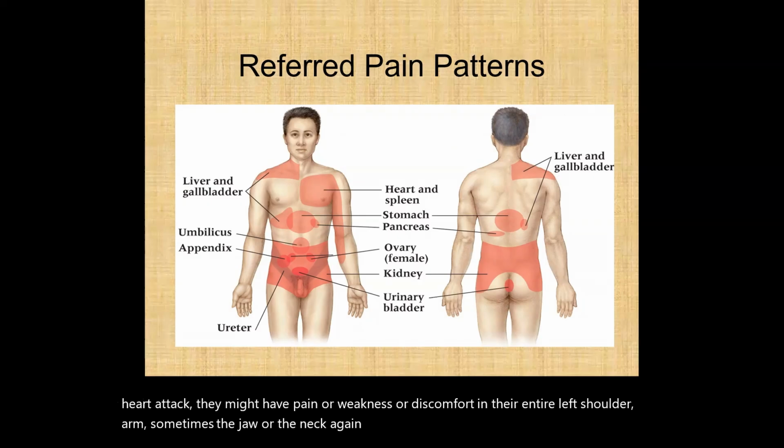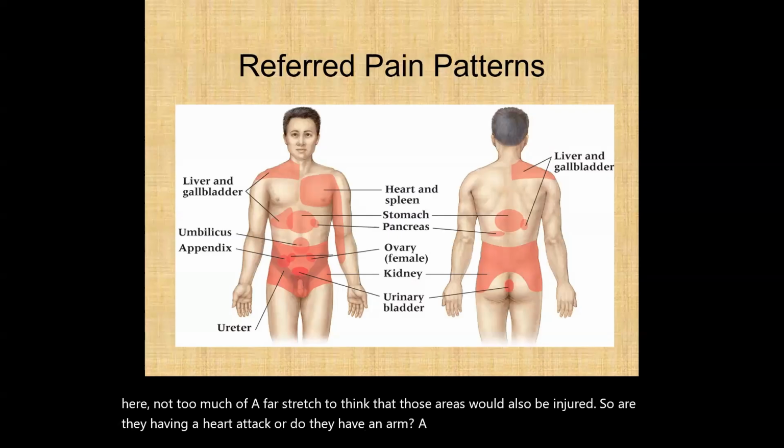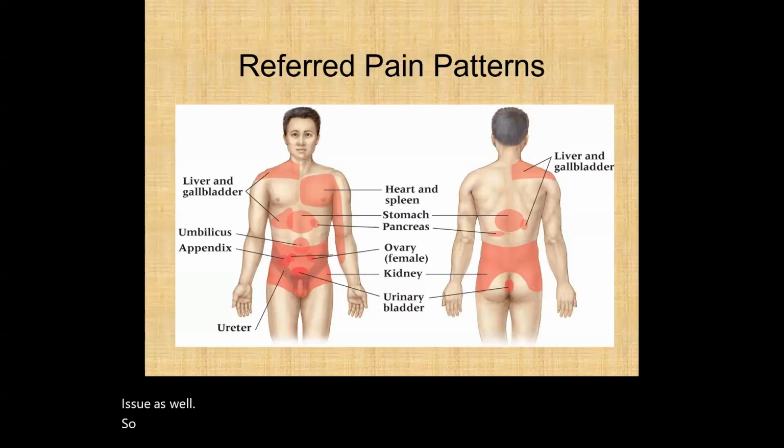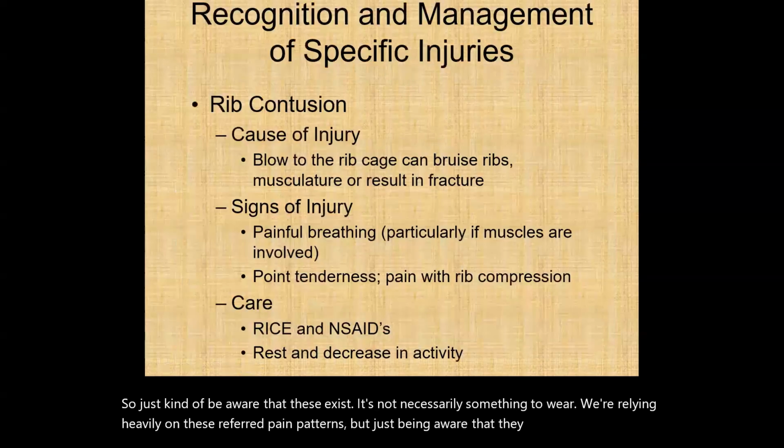Again, if you're thinking that the heart is kind of right here, it's not too much of a stretch to think that those areas would also be affected. So are they having a heart attack, or do they have an arm, shoulder or neck issue as well? Just be aware that these exist. It's not necessarily something we rely heavily on, but just be aware that they do exist.